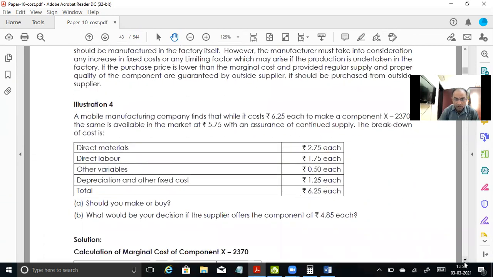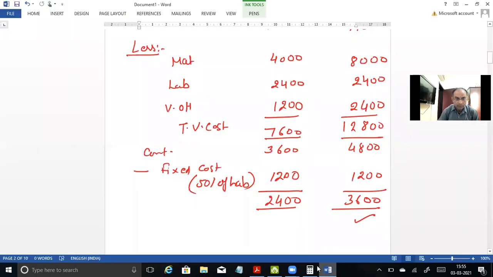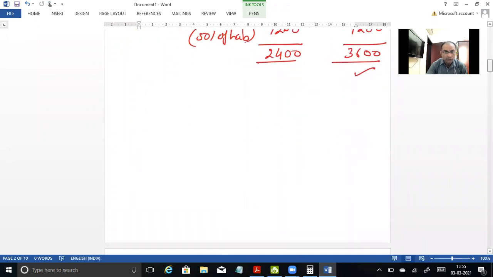So now moving on to the next. Now it comes to the make or buy decision. So the question is before us. For the make or buy decision, before we proceed, I'll give you some basic idea behind make or buy. Make or buy decision means, suppose you are manufacturing a certain product.